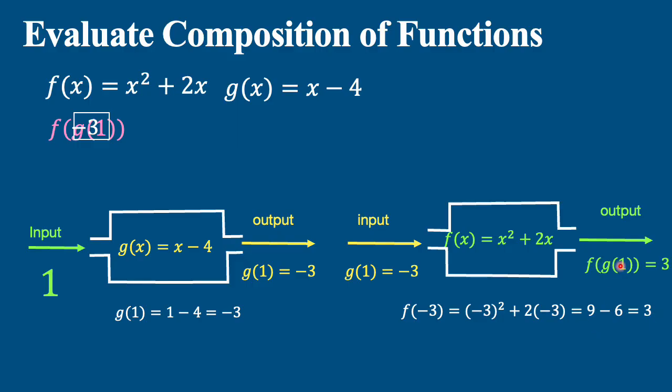The output is 3. So f of negative 3 gives the output 3. That's how to evaluate a composite function.